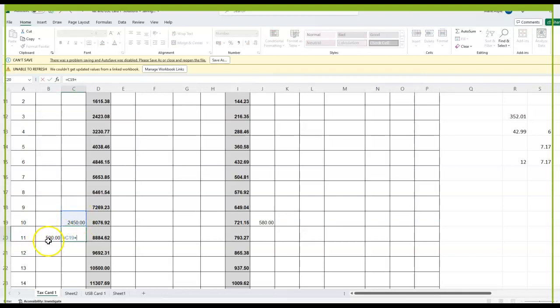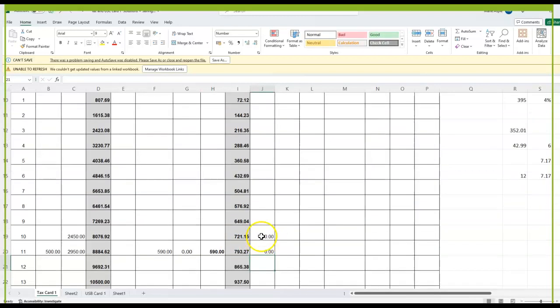So 2450 plus 500 will give me 2950, compared with the standard rate cutoff point, all the income at 20%, and no high rate, and we're going to look at 590 tax. We have more credits than we have, so this simply is 0, which means we now owe 0 tax.